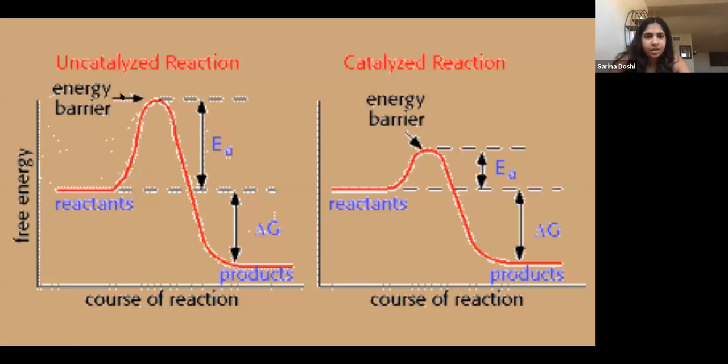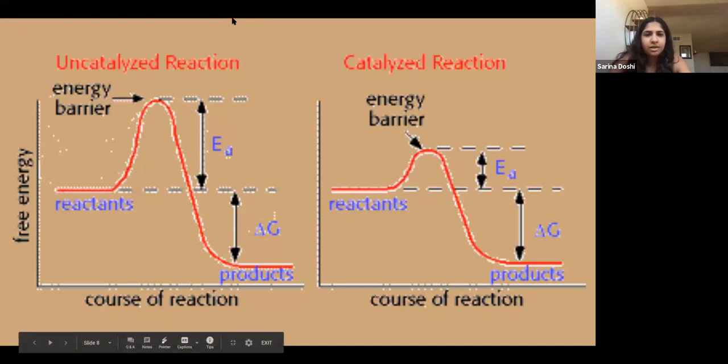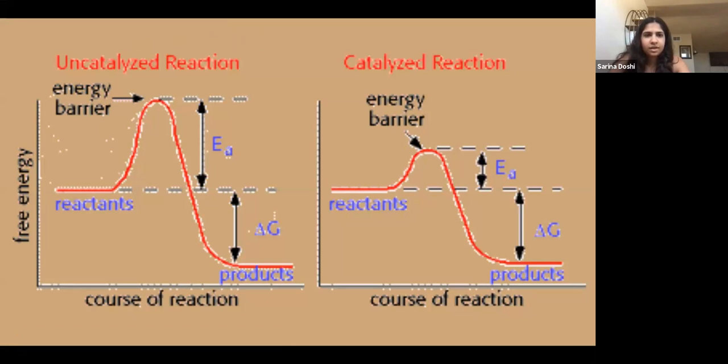All right. So here is an image of what would happen if we had a catalyzed versus uncatalyzed reaction. I do apologize for the graphics, they're not very nice, but it should work.